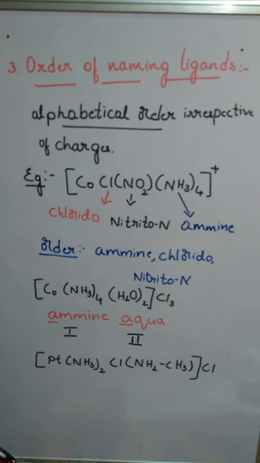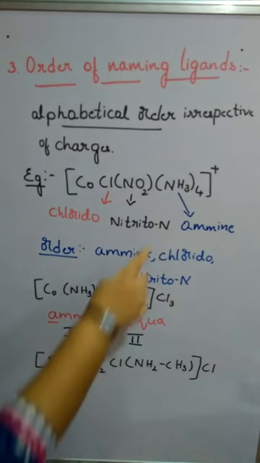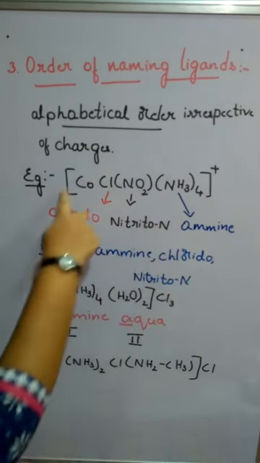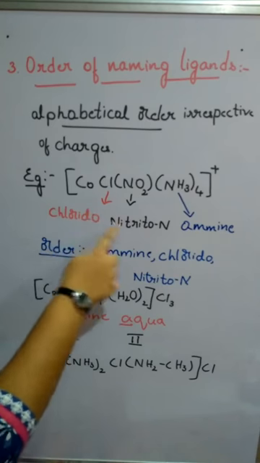So remember, usually whenever names are given, they are given according to the IUPAC nomenclature. But the formula may or may not be in IUPAC order. So that's why remembering the rules is very, very important. You can observe in this formula itself, actually ammine should come first, then chlorido, then nitrito.